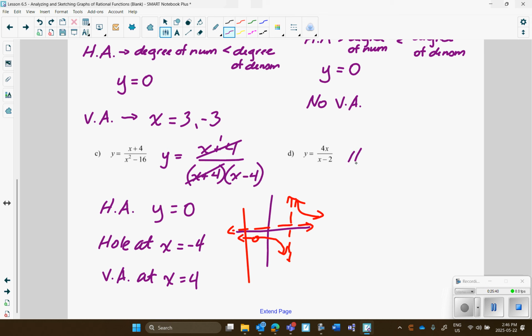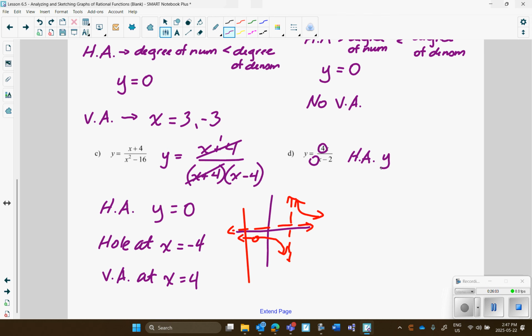Horizontal asymptote, first of all, can I factor? No. What's the degree of the numerator? And the denominator? What happens to the horizontal asymptote when I do that? I've got to take this coefficient, divide this coefficient.